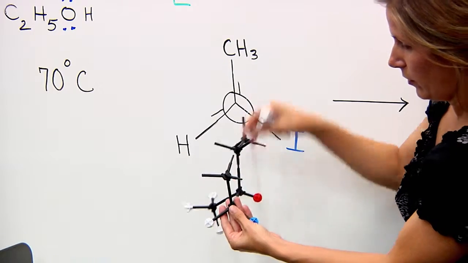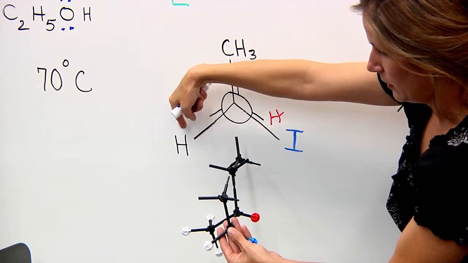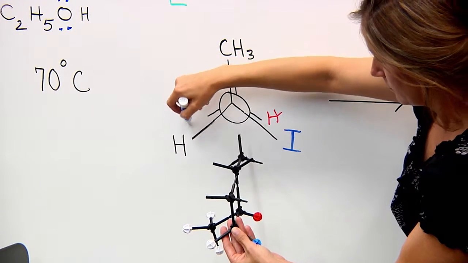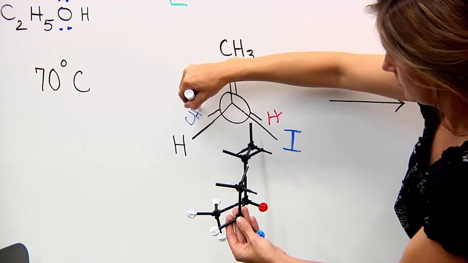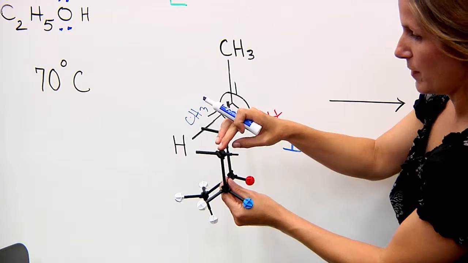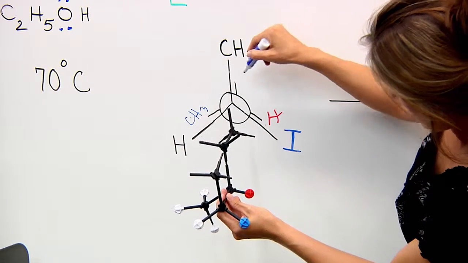And then over on the next molecule, we have a hydrogen here in the front. Eclipsed behind it is the ethyl group. Sorry, methyl group. In the front, we have a methyl group, and directly eclipsed behind it, we have the ethyl group.